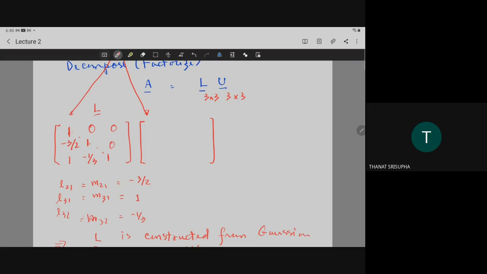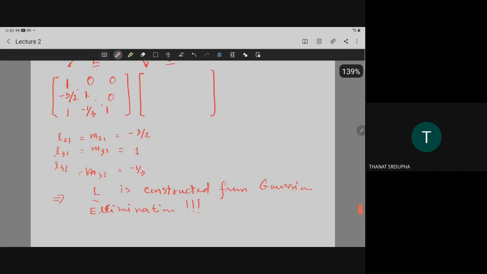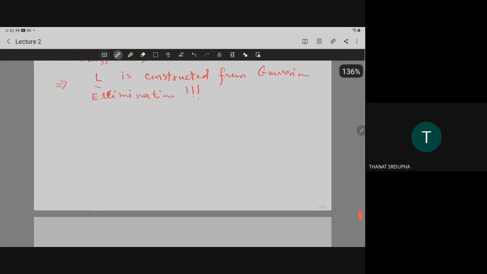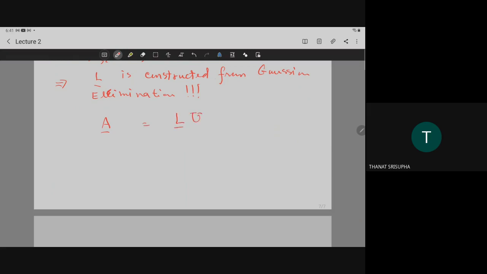So how can we compute U? Let me write to the right so that it's a bit easy to find.